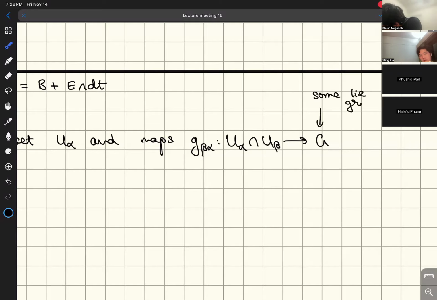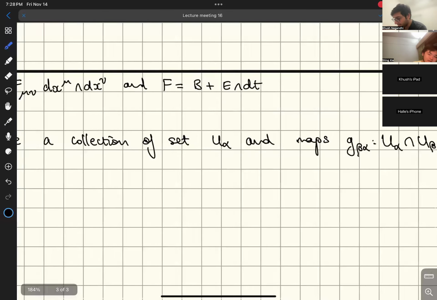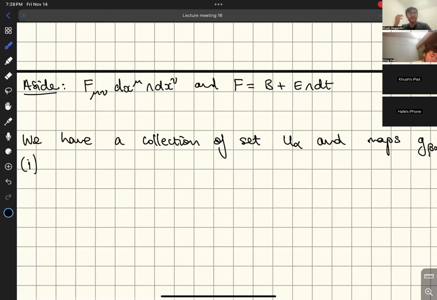In our case, this Lie group happened to be the general linear group of R^m, but there was nothing special about the general linear group. Also, there's nothing special about these transition maps, as long as they follow these three properties. One, remember, we need X to be equivalent to itself, which means that G alpha alpha has to be the identity.